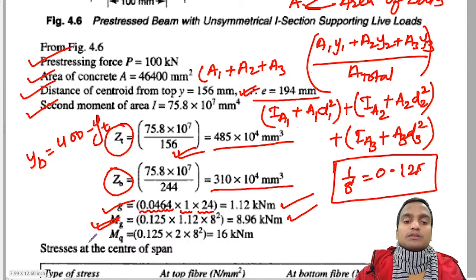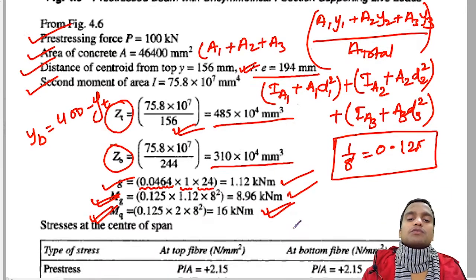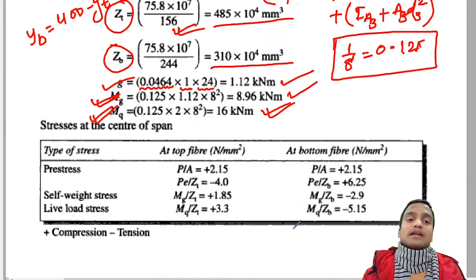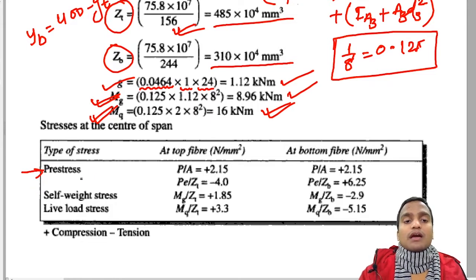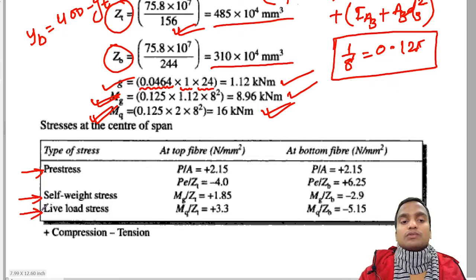Now bending moment due to live load is also calculated. Everything we have calculated. Now we just have to add the stresses at the top fiber and at the bottom fiber. All right. So now there are three types of stresses. One due to the pre-stress, one due to the self-weight, and another due to the live load.